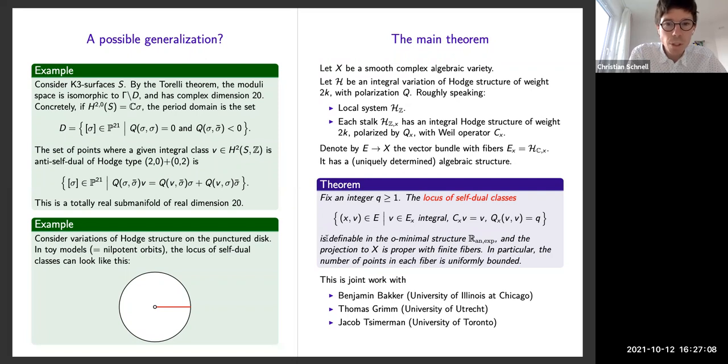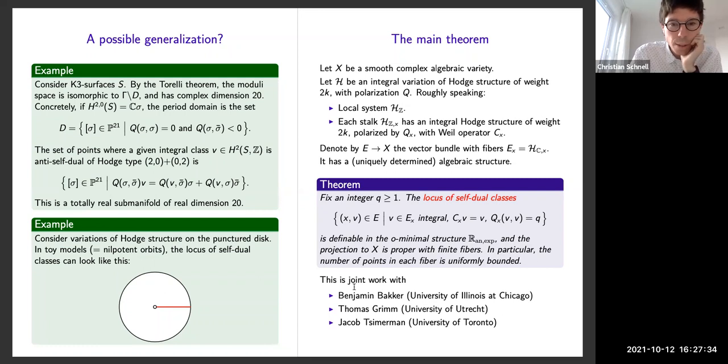So if I have something which is definable in an o-minimal structure, and under some mapping each fiber is finite, then the number of points in the fiber is actually uniformly bounded. This happens automatically because of this definability. And so in particular, we get this strong finiteness for these self-dual classes that is predicted by the physicists.